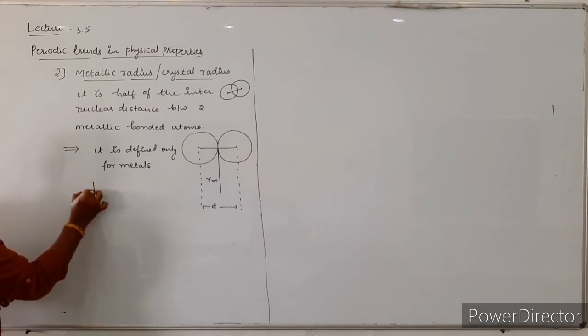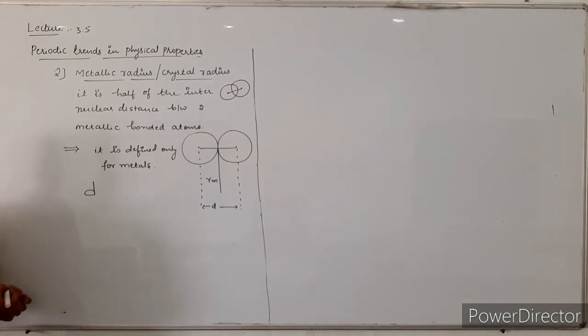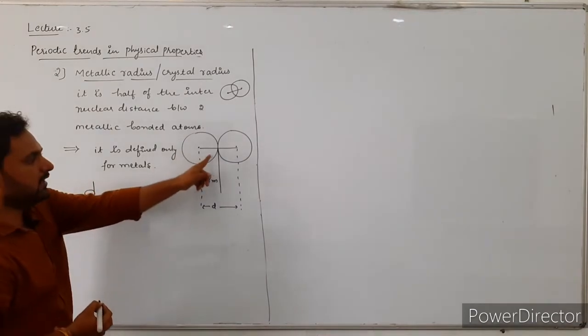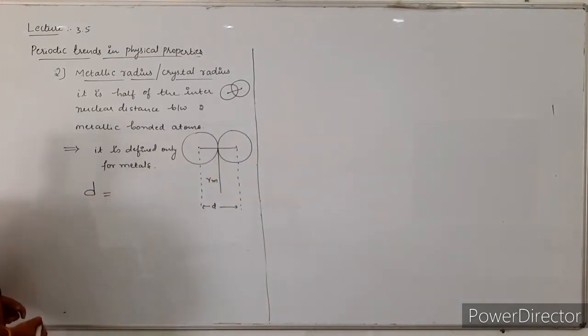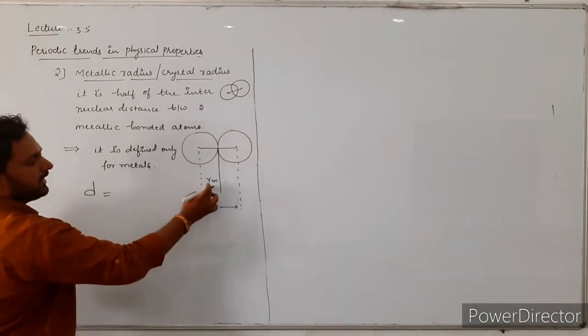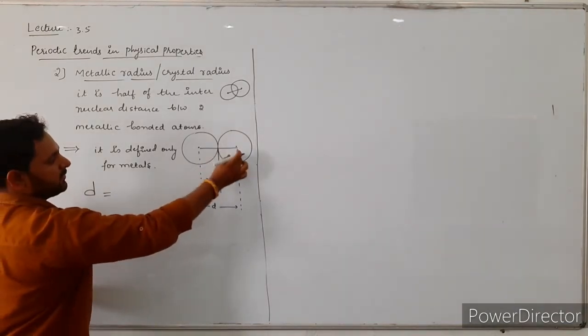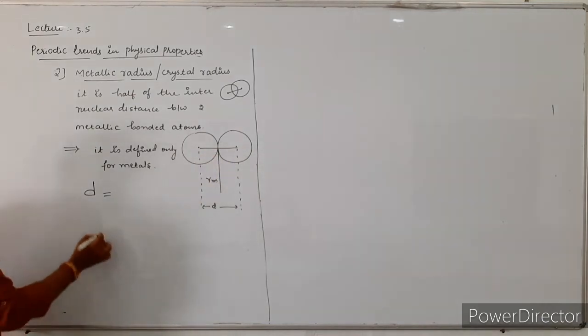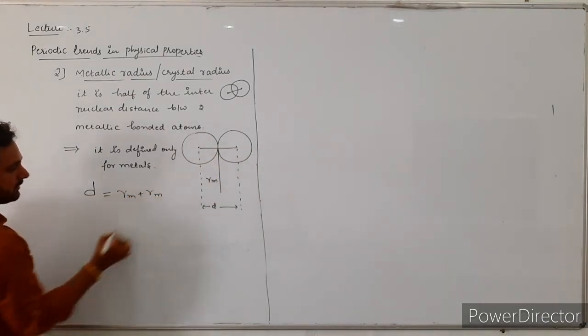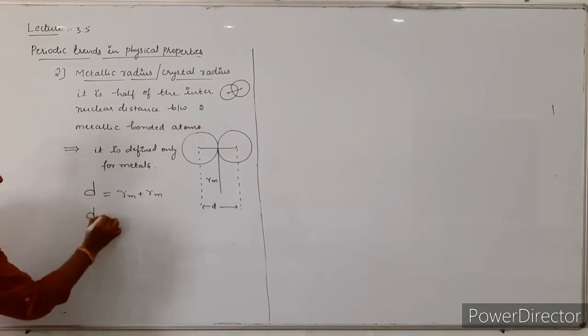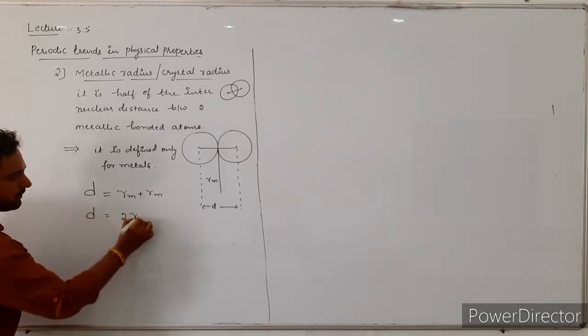And the mathematical expression is: the internuclear distance between two metallic bonded atoms, D, is equal to the sum of the metallic radius of one atom and the metallic radius of another atom, Rm plus Rm. Then D is equal to 2Rm.